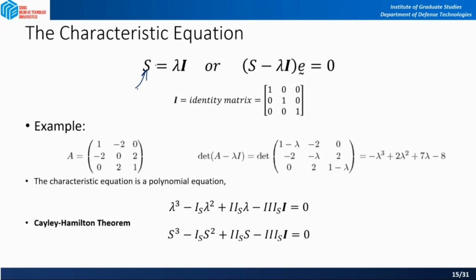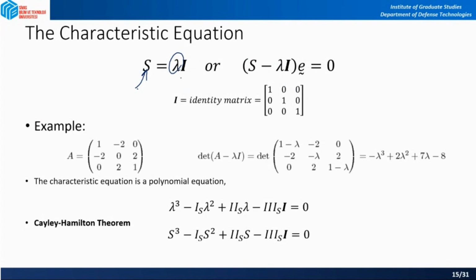Actually, S is equal to lambda I, or in other words, S minus lambda I is equal to 0. This is to project the second order tensor in the principal direction, which means you have to project it in lambda.